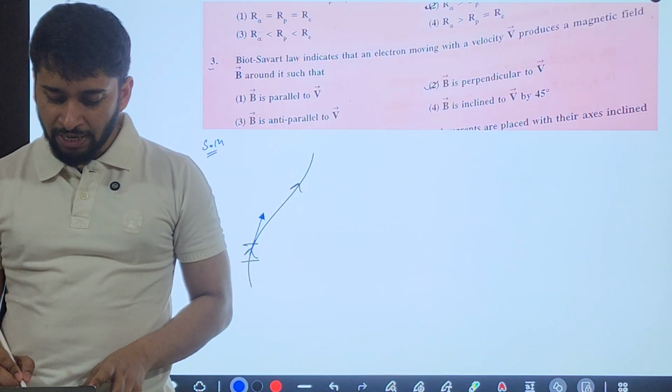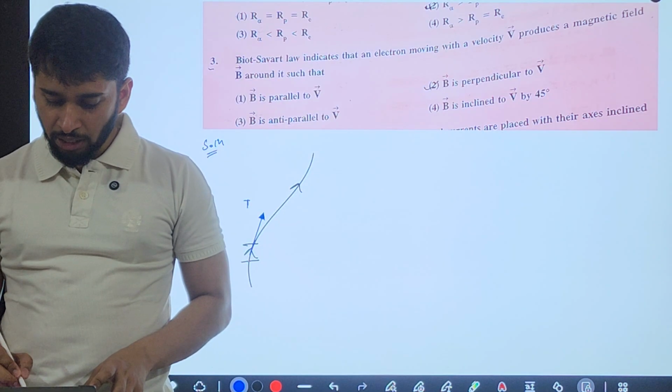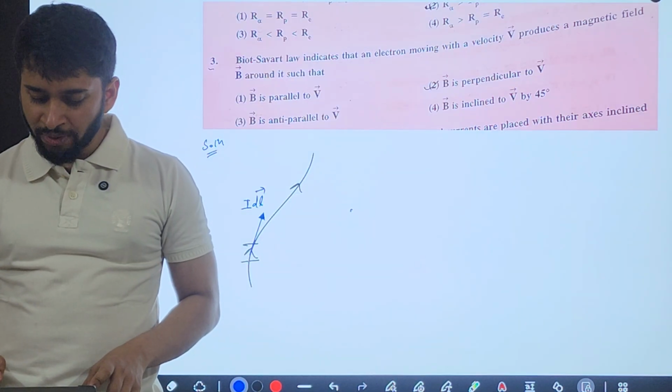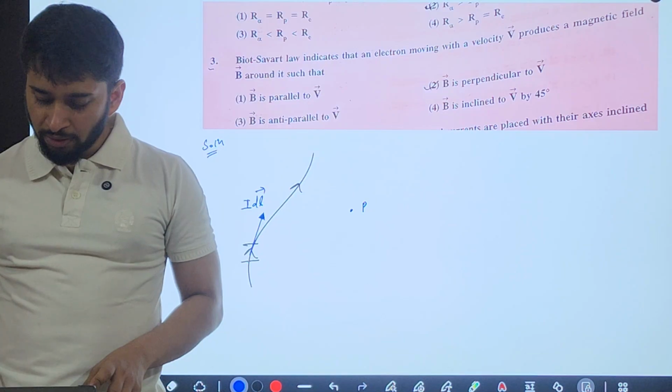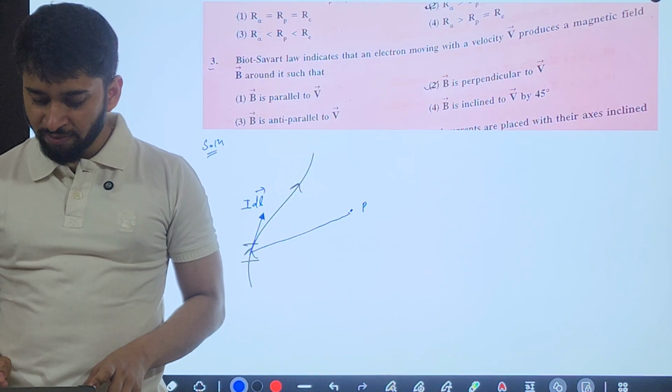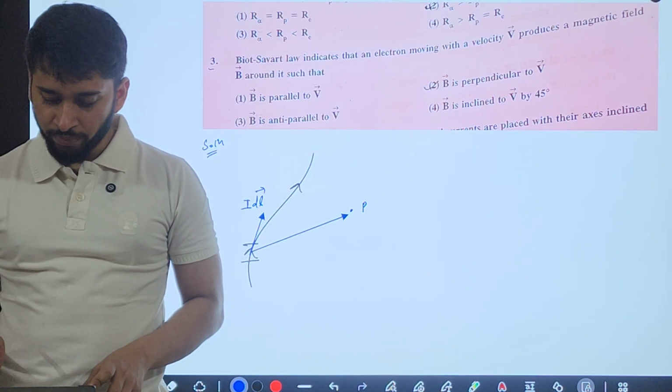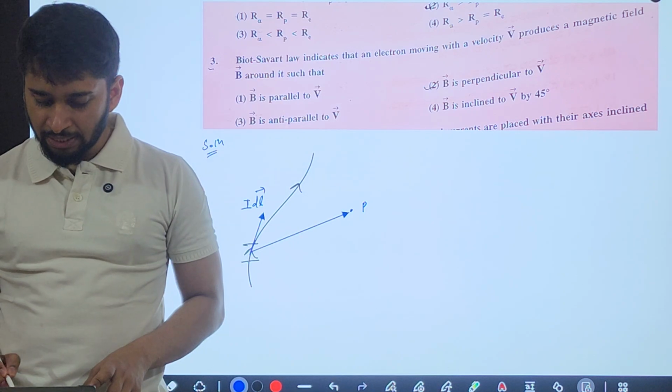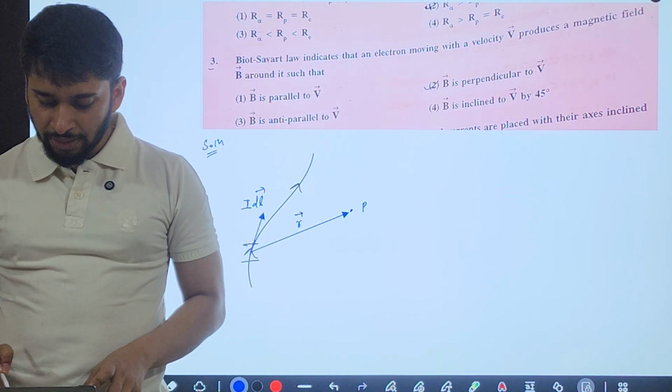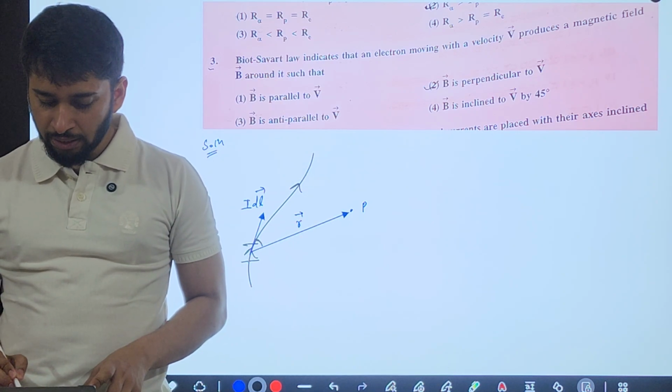This will be your I dL bar. And if you want to find magnetic field at any point, suppose its position vector is R bar, and this angle is theta.